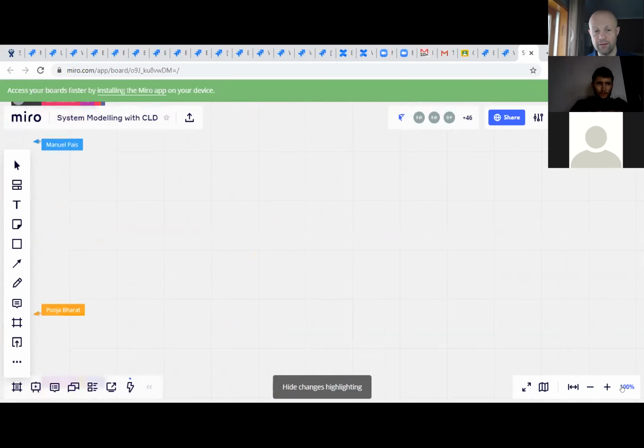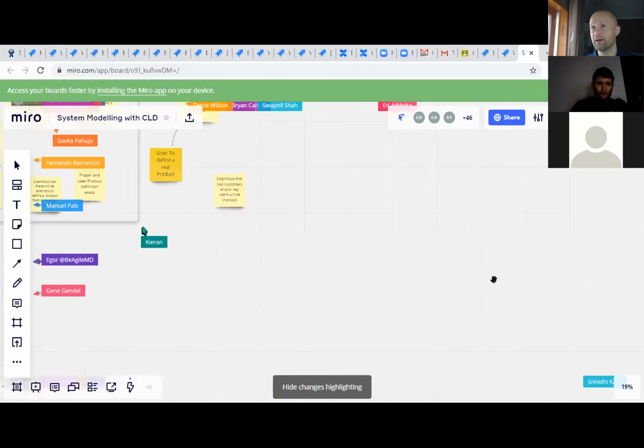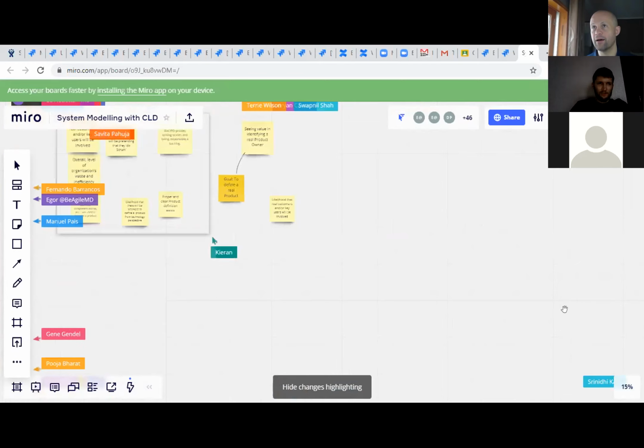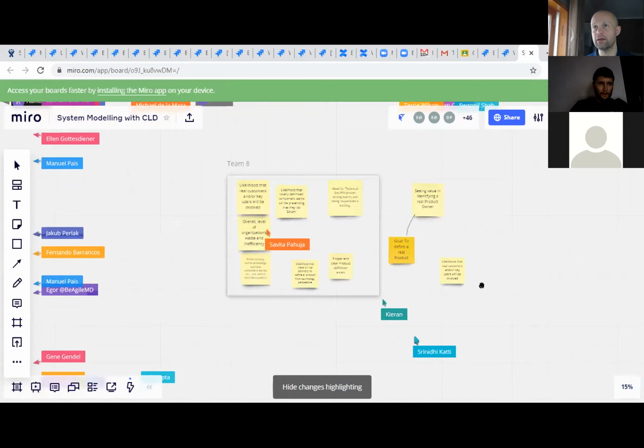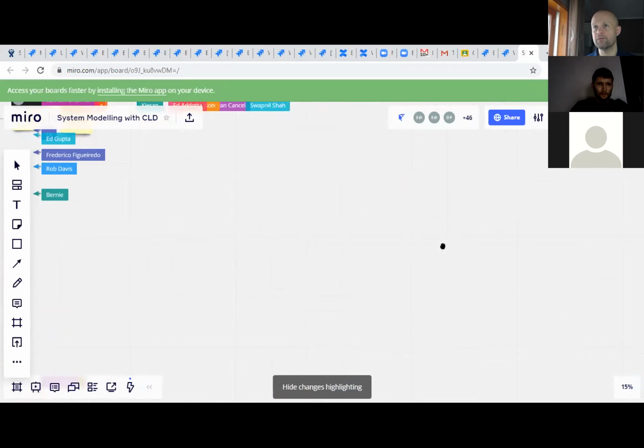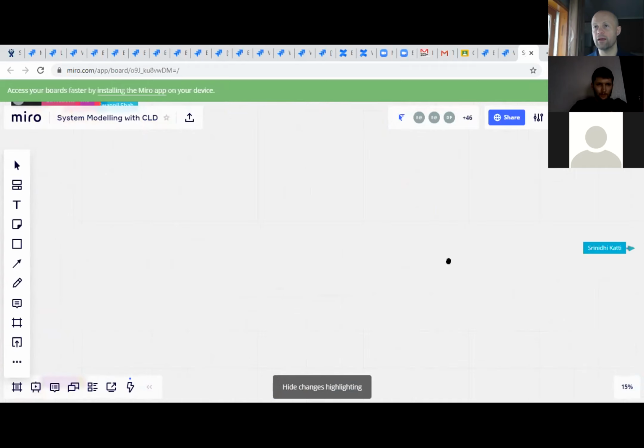I'll take care of it. Egor, I see you moving around where I am. So you found it, right? Yeah. It's our space. Fine, I'm helping you. Good. Okay, I guess we will succeed.